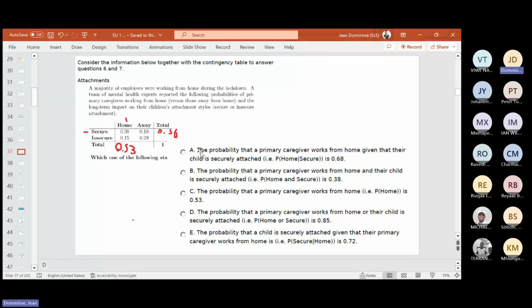Okay, so what is the probability that the primary caregiver works from home, given that the child is securely attached? Okay, so how would you write out that probability function?